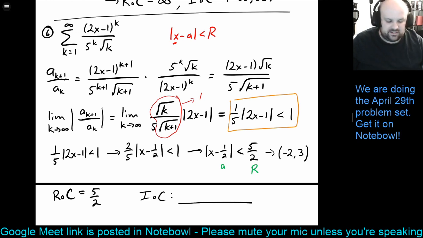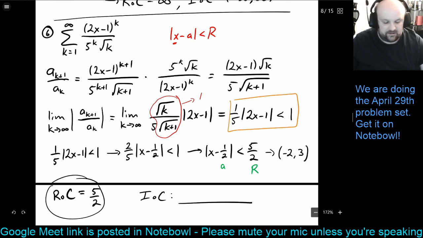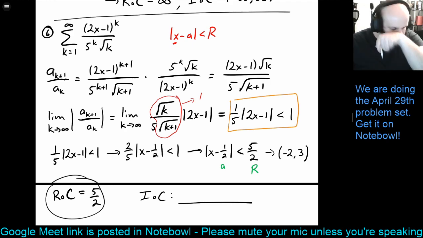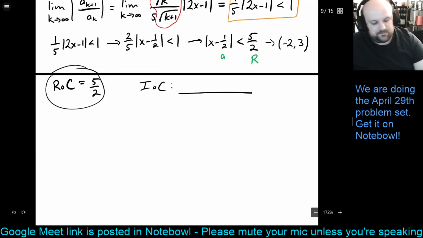But I really wanted to do an example of one of these radii that is a little less obvious, where you have to do a little bit of work. Any question here? Awesome.